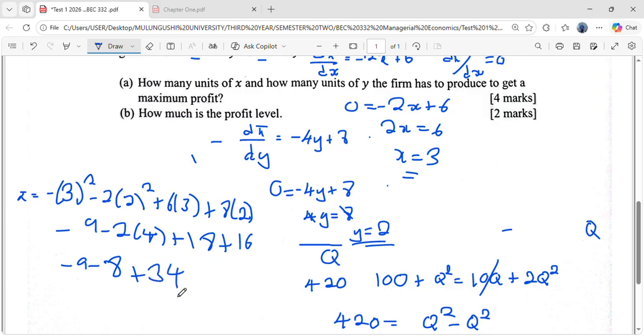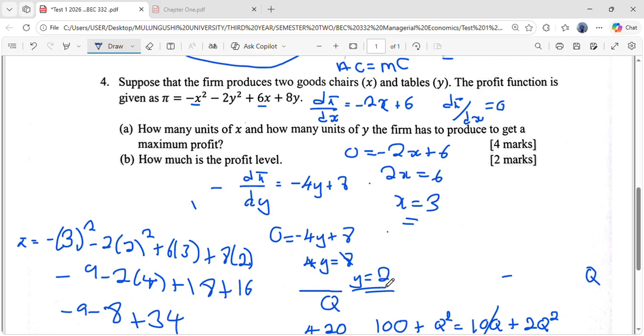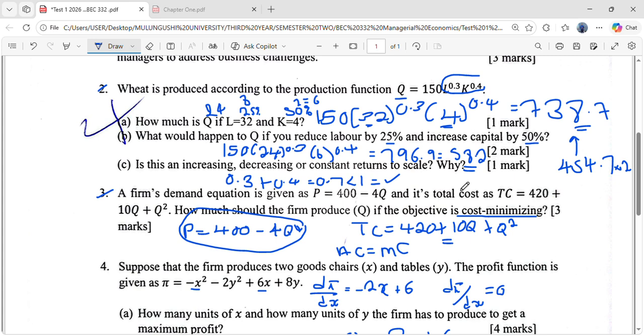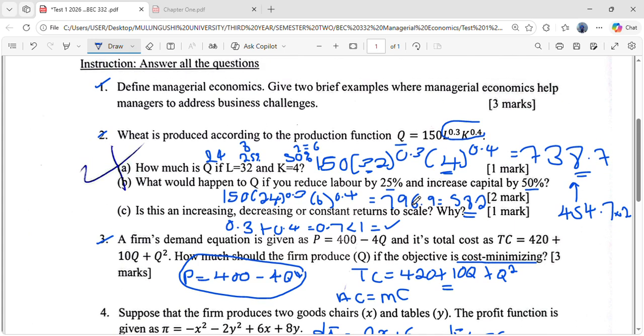Then negative 9 minus 8 plus 34 gives us 17. So 17 is the profit level we get when the number of tables is 2 and the number of chairs is 3. This is how we go about this particular question that we have been given.